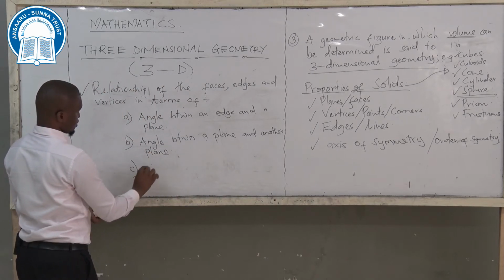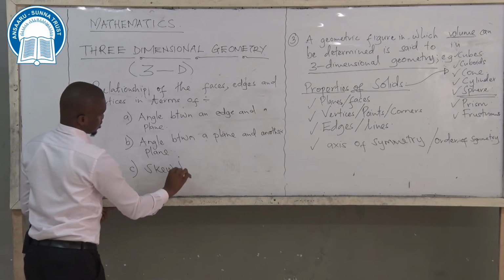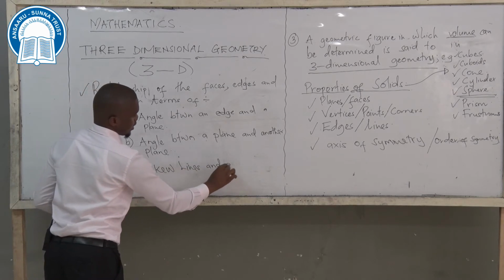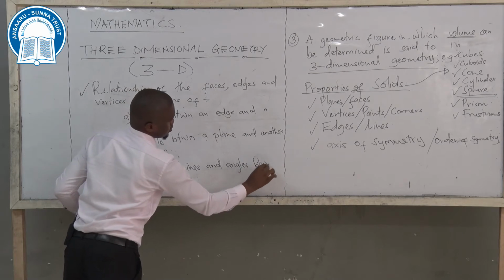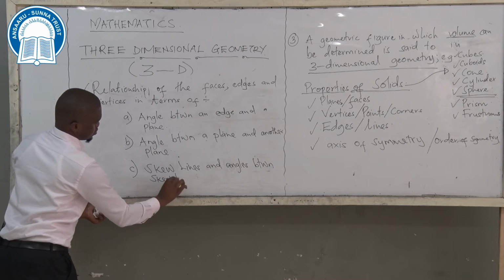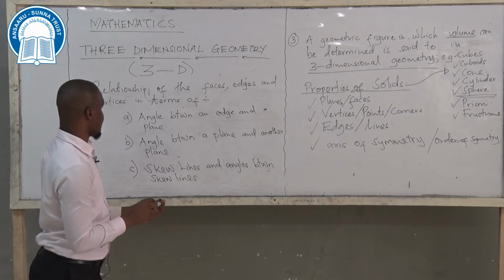Number 3, we are supposed to learn about skew lines and angles between skew lines. These are the three things in the scope of three-dimensional geometry.